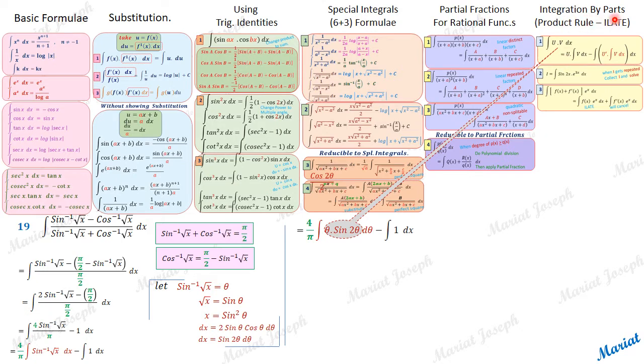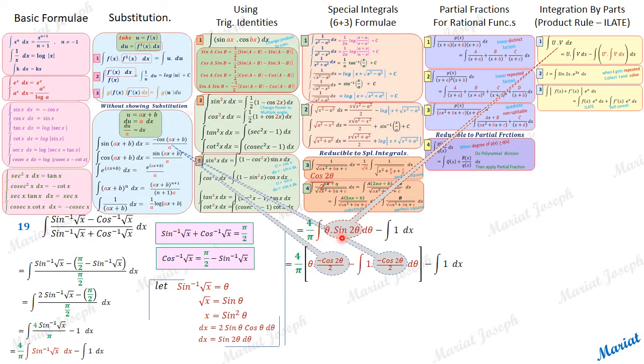Integration by parts. It says first function into integral of second minus integral of derivative of first into integral of second, with respect to theta. Let's apply it. While applying, we need to write the first function into integral of sine 2 theta. What is integral of sine 2 theta? We need to write that integral in the formula itself. So the formula we will take from this form.